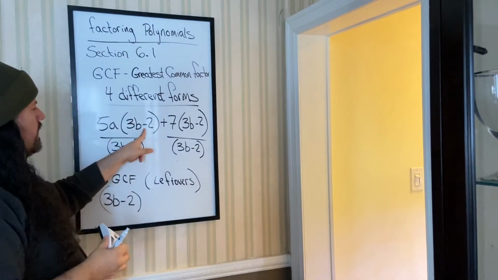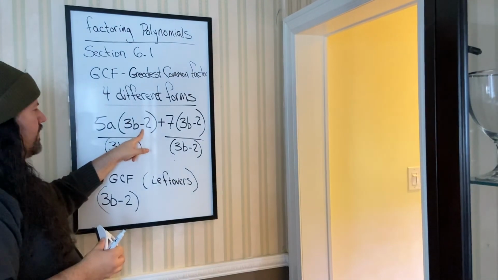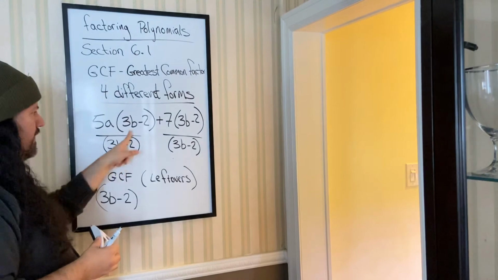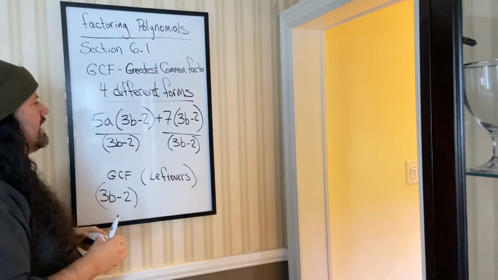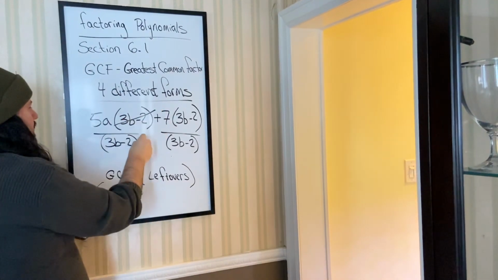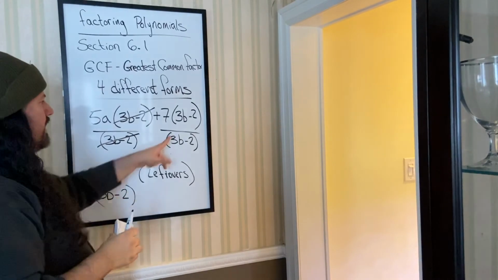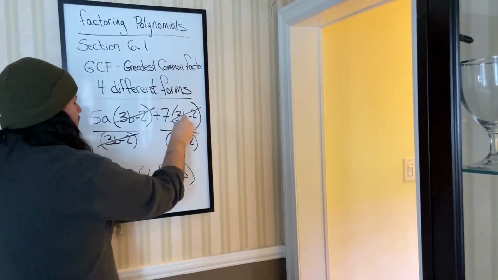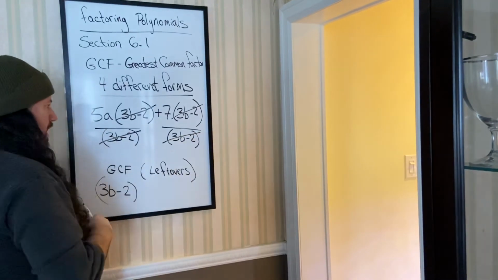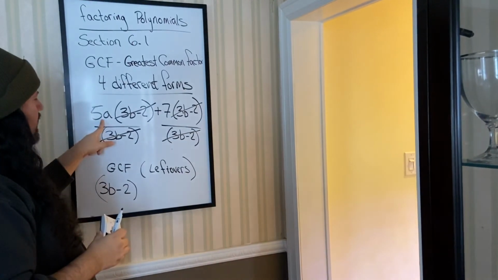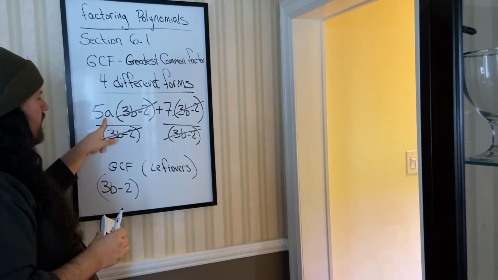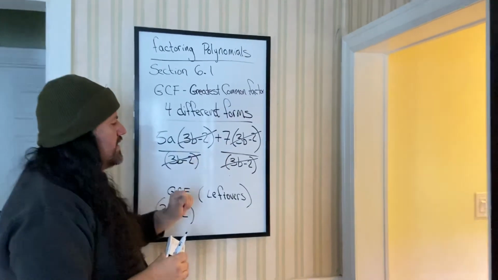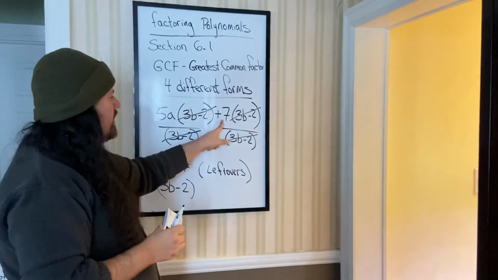And then you can see, if you reduce a fraction, remember if you have any factor on top and the same factor at the bottom, like here, matching parentheses, they can cancel out. We can do the same thing in this parentheses. Notice 3b minus 2 on top, 3b minus 2 at the bottom. Notice our leftovers. We have a 5a that did not get canceled out, and then in this term, a positive 7. This is what I mean by leftovers.